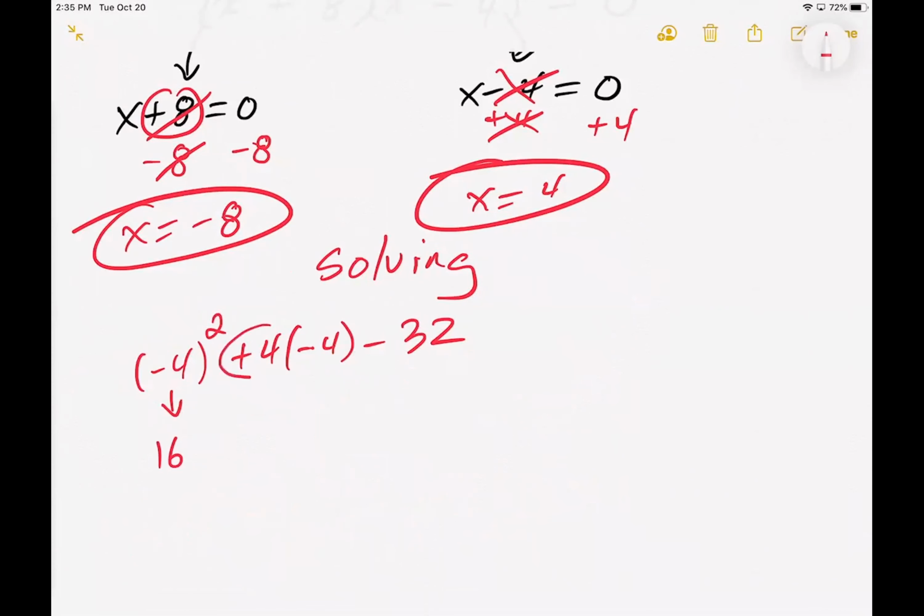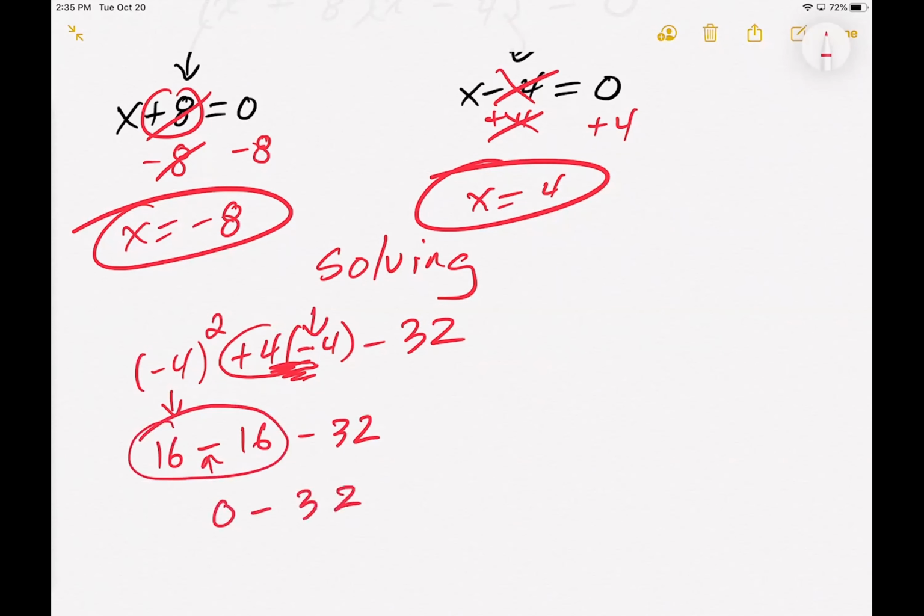But this right here, where your problem probably comes in, gives you -16, because -4 times 4 is -16. -16 and positive 16 is 0, and 0 is not equal to 32. So the answer is not -4.